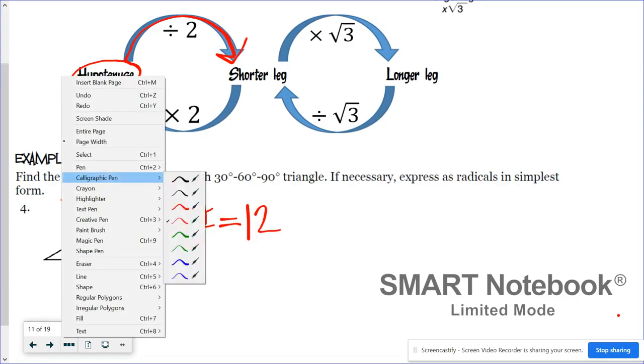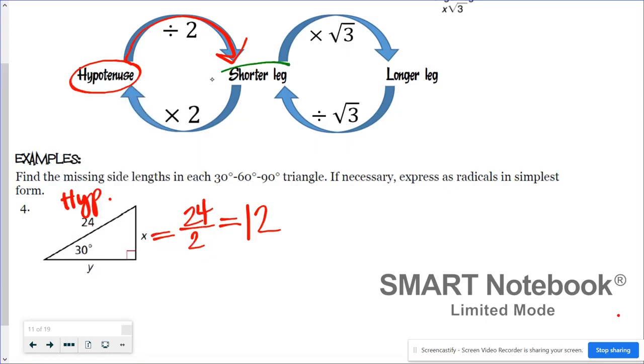Once I know the length of the shorter leg, I can multiply it by the square root of 3 to get the longer leg, y. So 12 times the square root of 3 is simply 12 root 3. That one was pretty easy, I think.